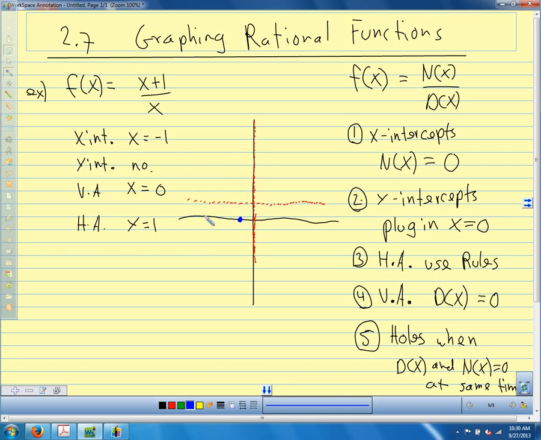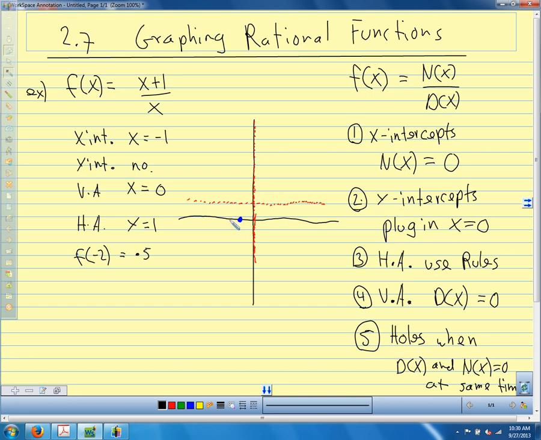Our function could be here, could be here, all these different places. We just want to find out what the shape is. So I'm just going to calculate, and we just do this by plugging into our calculator, however you want to do it. f of -2, I'm just plugging in -2, and I get 0.5.